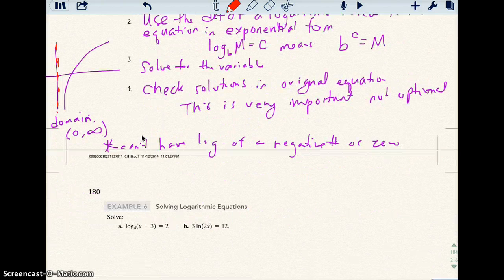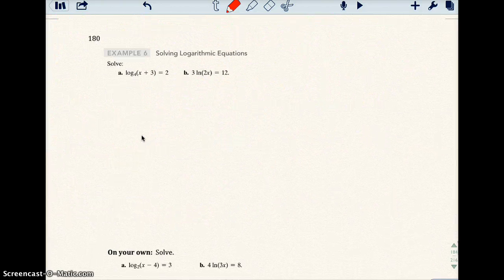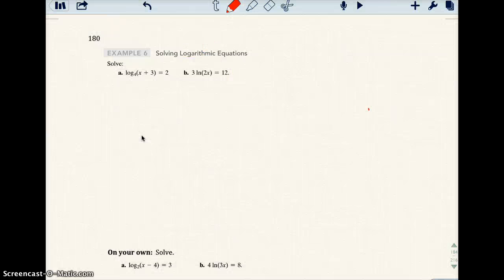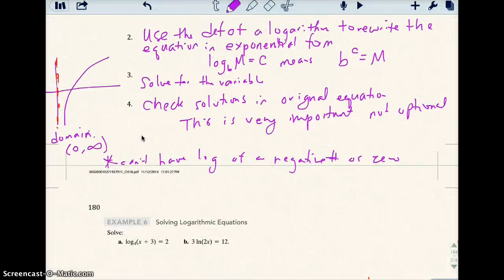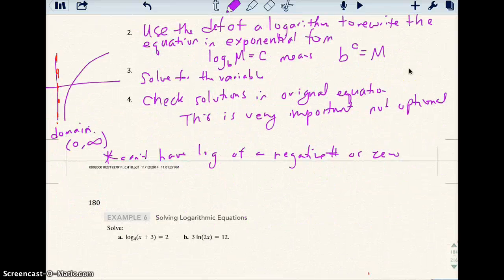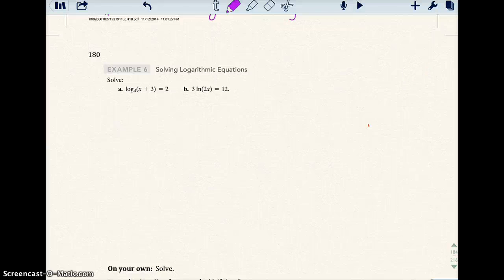Okay. Let's go ahead and do part A in example 6. Solve this logarithmic equation. The first thing you want to do is make sure it's in the form of log base b of m equals c. Okay, so we have that right here. We have log, we have a base, and we have m equals c.